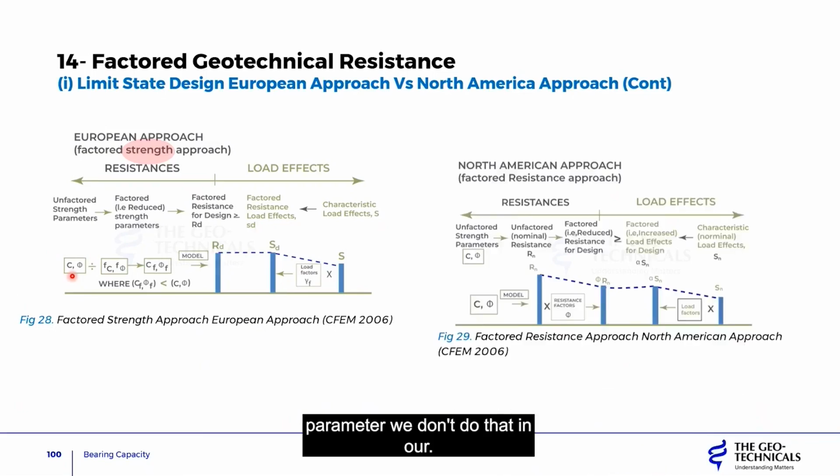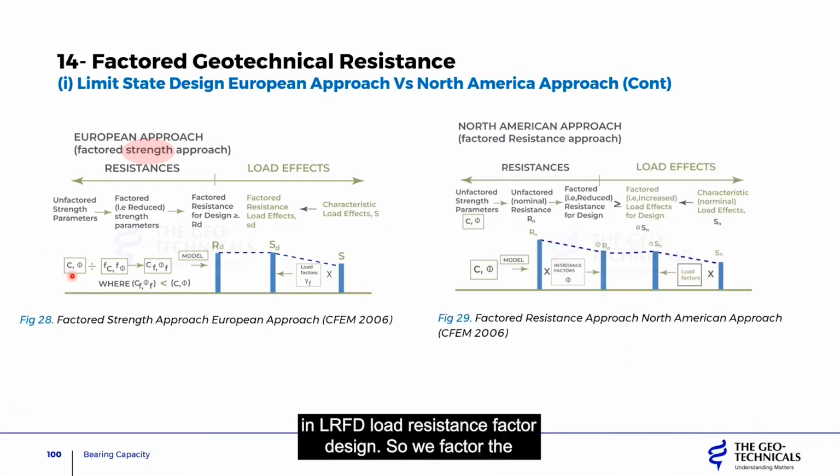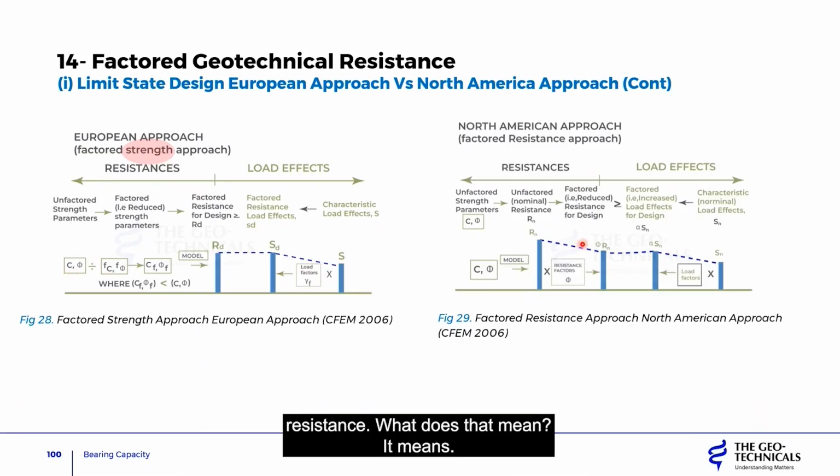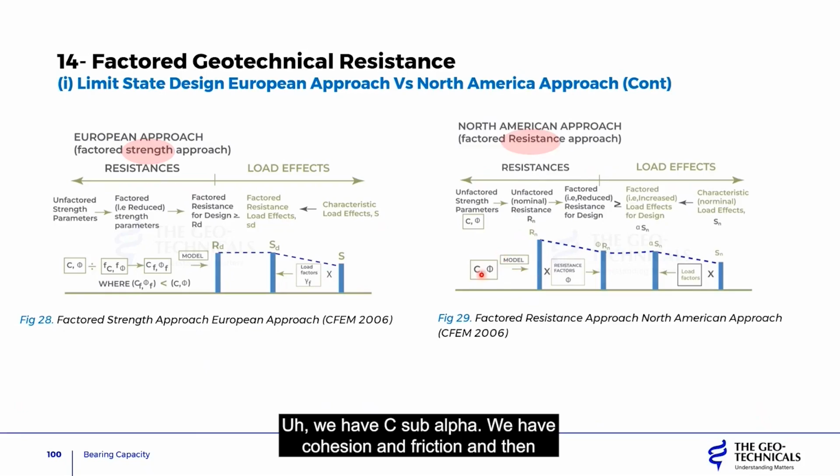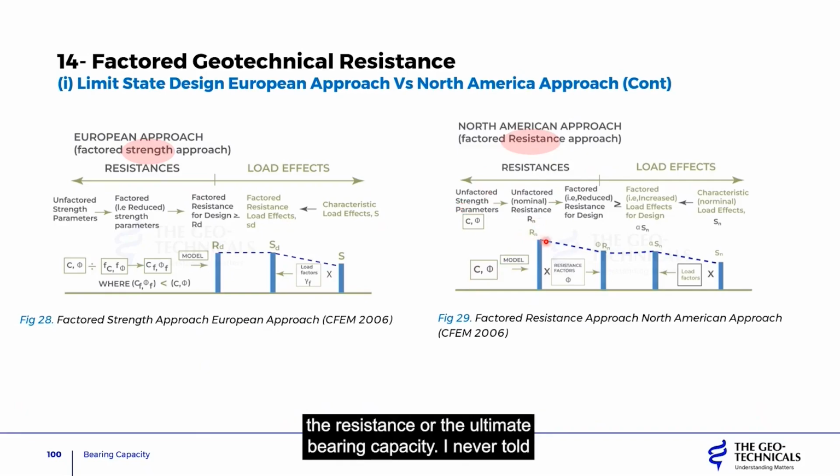We don't do that. In our LRFD, load resistance factor design, we factor the resistance. What does that mean? We have cohesion and friction, and those are unfactored. Then we calculate the nominal bearing resistance or the ultimate bearing capacity. I never told you that if you have cohesion or friction, divide that by a number. I always tell you, you calculate your Q ultimate and then you factor this Q ultimate.